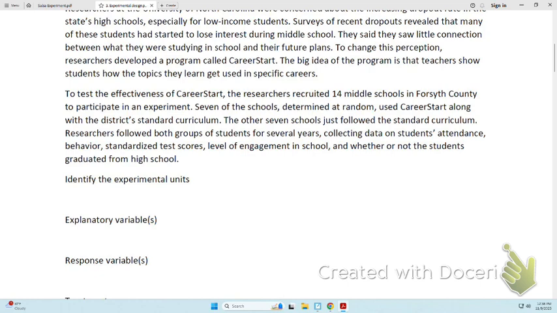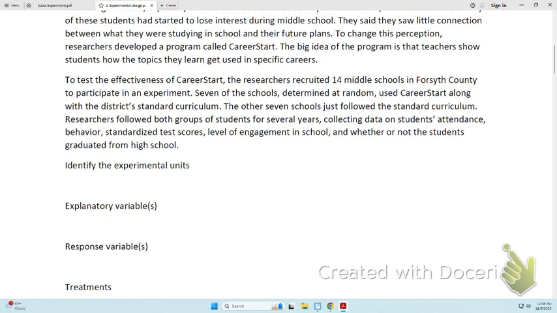So they are going to try out this new kind of curriculum, this Career Start right here. And this first paragraph is just talking about it. So they recruited 14 middle schools in Forsyth County. 7 of the schools are going to receive Career Start, and 7 of them will get the basic standard curriculum.